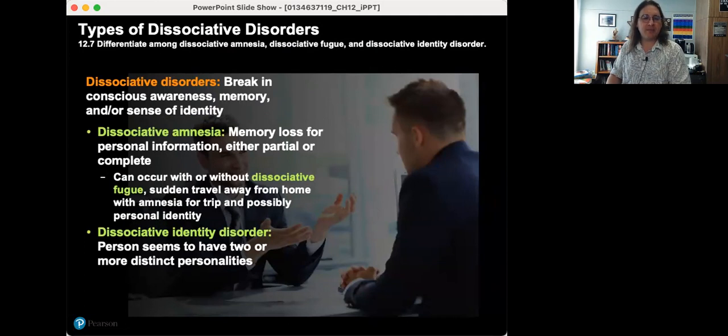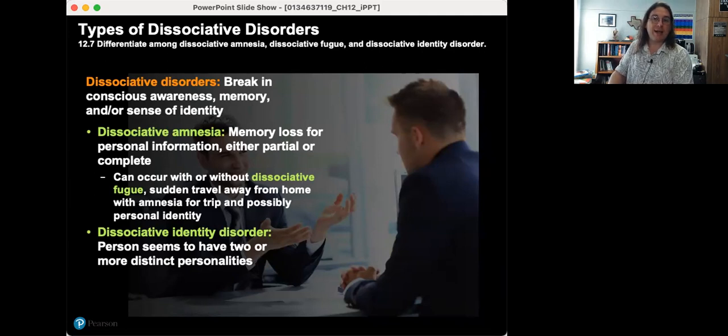So dissociative amnesia, for example, is memory loss for personal information, either partial or complete. So they may forget an entire event because they've dissociated from that. They say that this can occur with or without dissociative fugue, such as sudden travel away from the home.